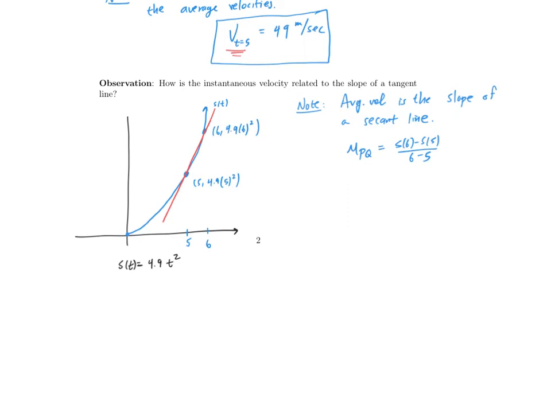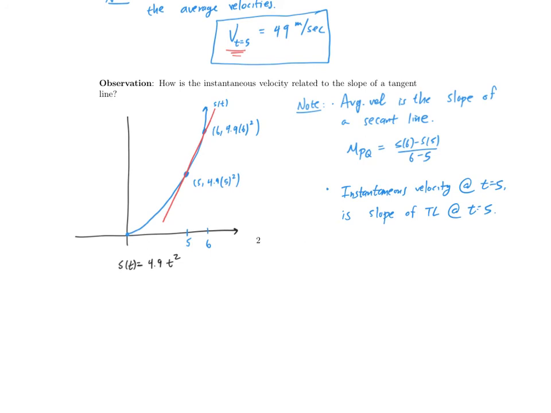And if we take this one step further, what this is telling us is that the limiting value of the slopes of the secant lines, i.e. the slope of the tangent line, is going to be the instantaneous velocity. So the instantaneous velocity at time 5, just to make it in terms of our previous example, is the slope of the tangent line at t equals 5.